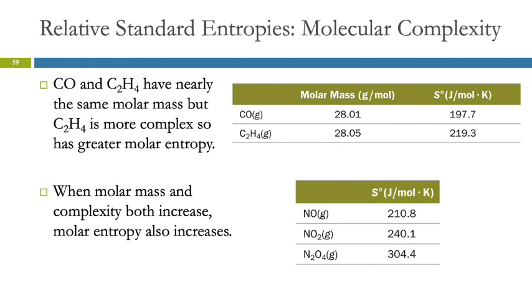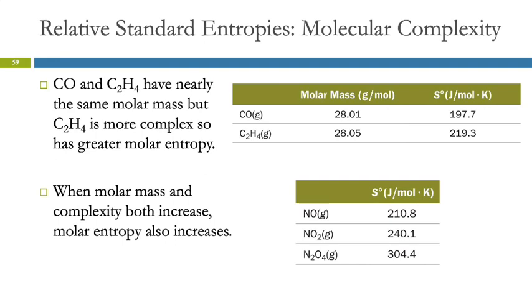Professor? Yes? So it's related to the stability of certain molecules that are extremely complex. It's related to how wiggly they are. So the more parts, the more opportunity for vibration.